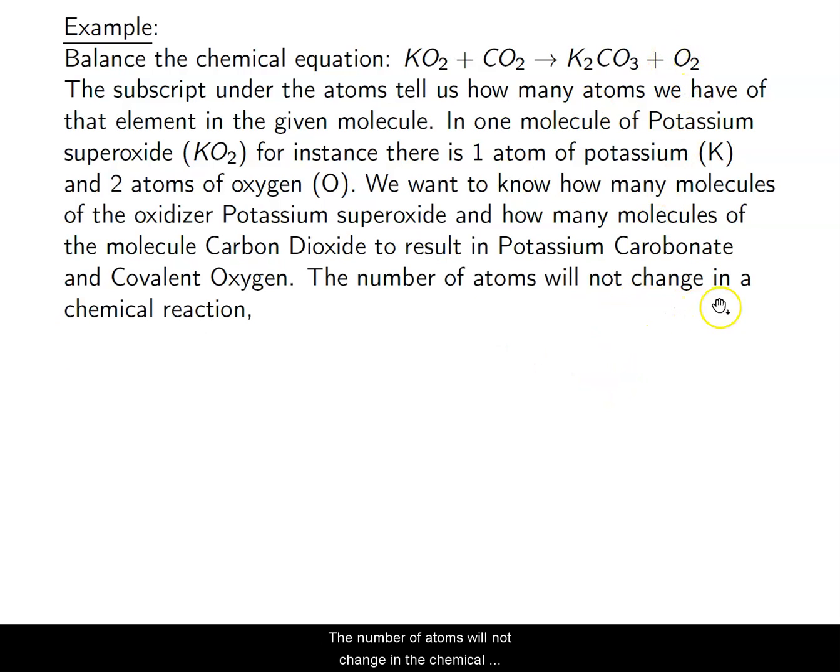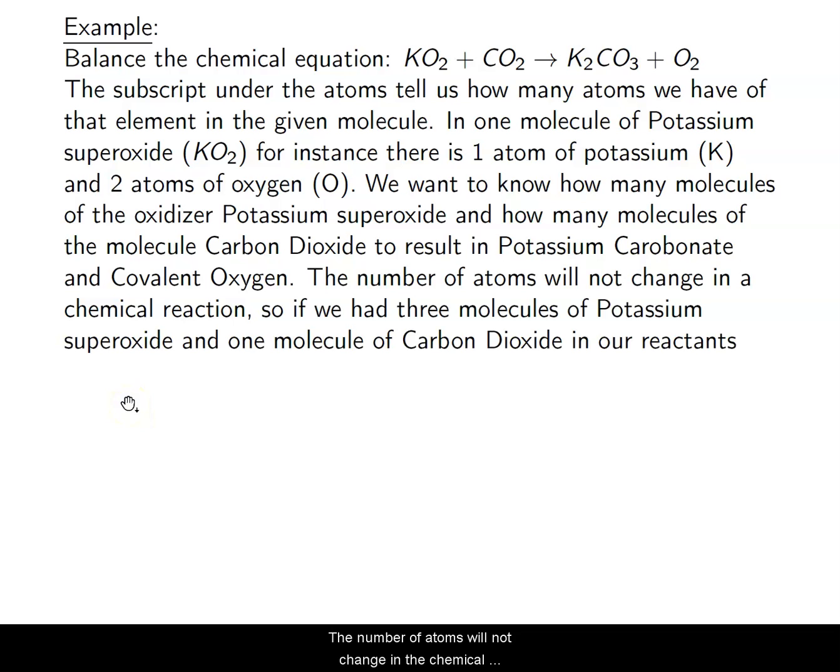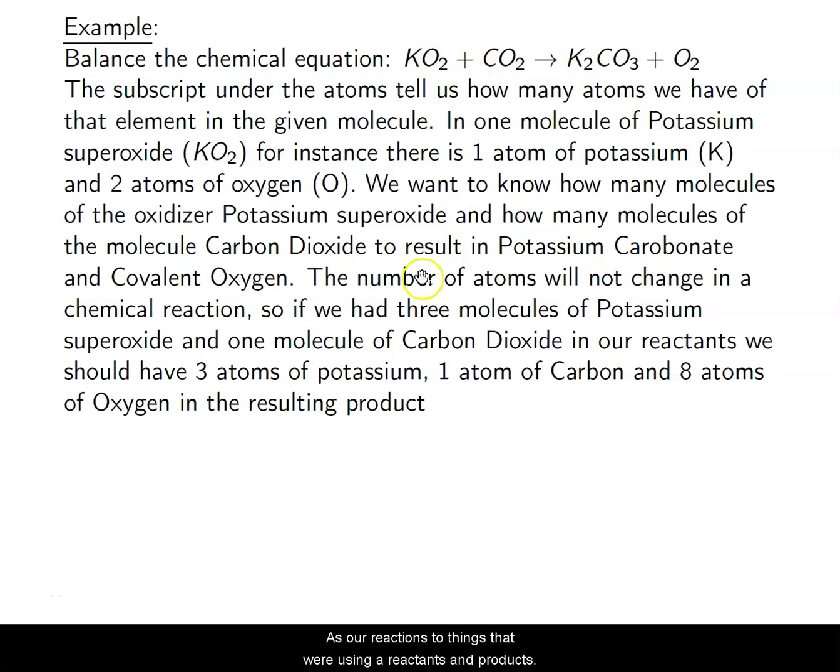The number of atoms will not change in the chemical reaction. So if we had 3 potassium superoxides and 1 carbon dioxide as our reactants, the things that we're using, okay, so reactants and products, we should have 3 atoms of potassium, which we don't, and 1 atom of carbon, which we do, and 8 atoms of oxygen, which we do not.